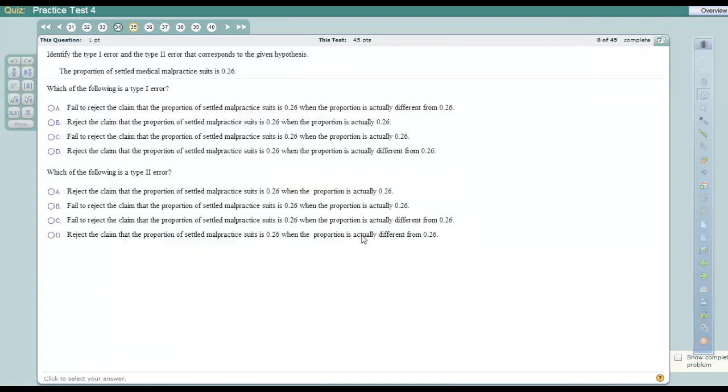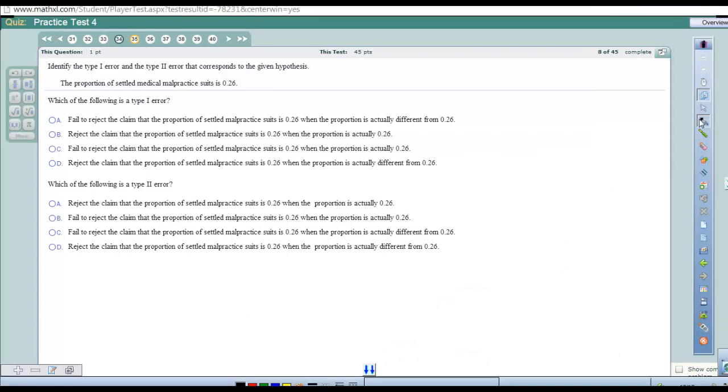Type 1, type 2 error. The proportion of settled medical malpractice suits is 0.26. Which of the following is a type 1 error? First of all, we need to know what our null hypothesis is, but it sounds like it's that P is equal to 0.26.